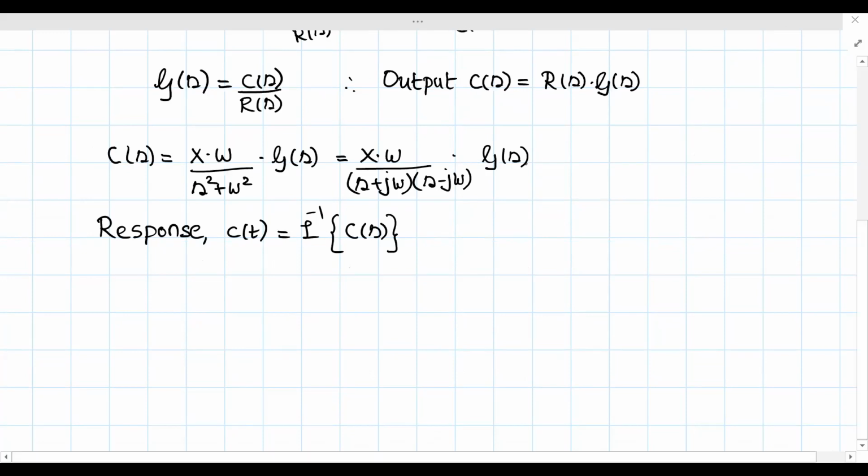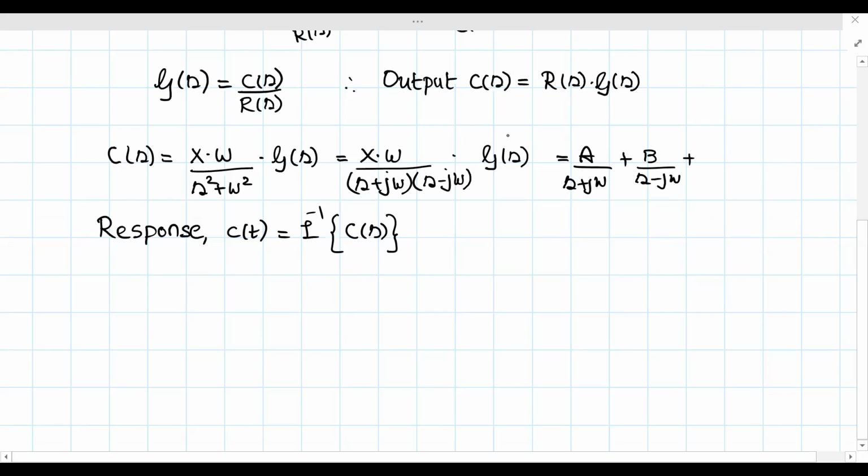Now this C of s needs to be solved because you cannot straight away find c of t from this expression. We have to go for partial fractions. So I will write this as A by s plus j omega plus B by s minus j omega plus further terms. Depending upon the transfer function, there will be partial fraction terms arising out of G of s as well.